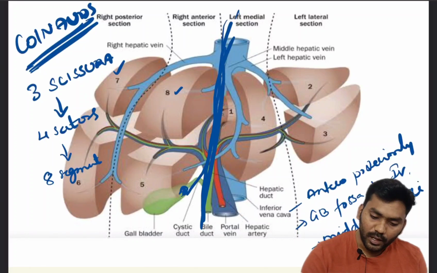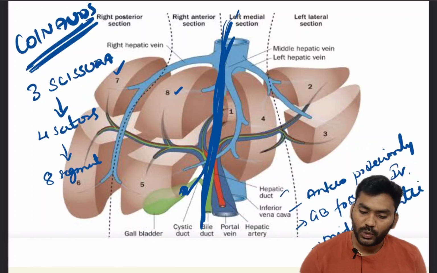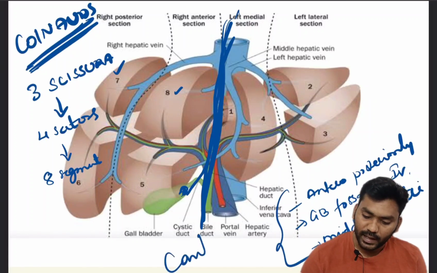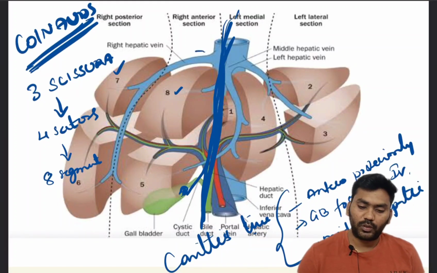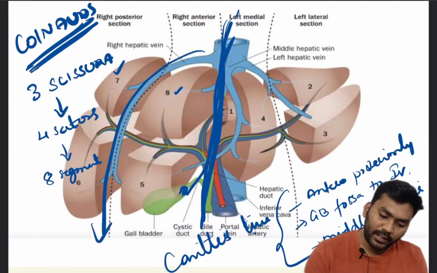This is the middle scissura and main scissura. This is also called Cantlie's line. Okay, Cantlie's line.